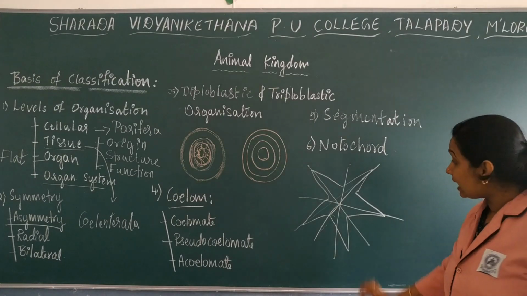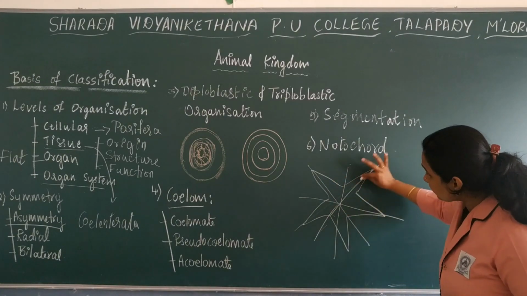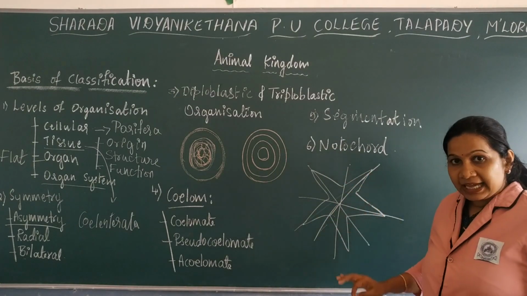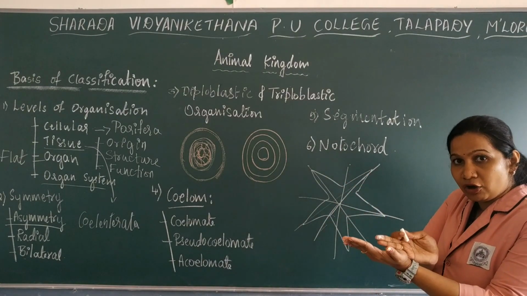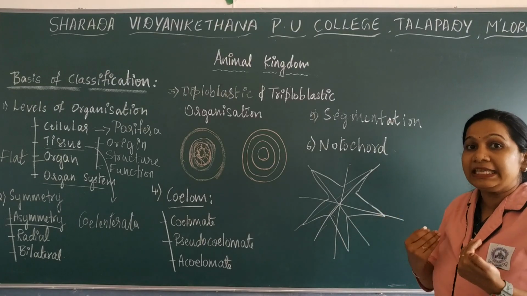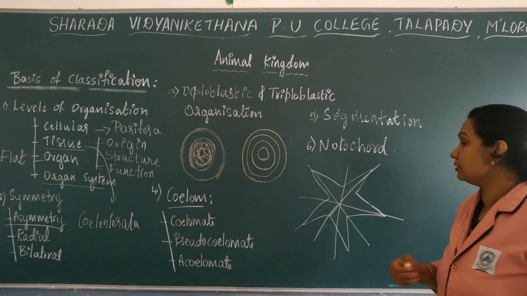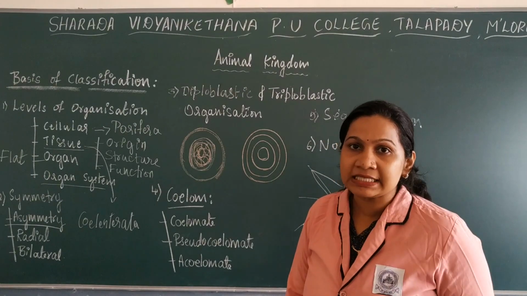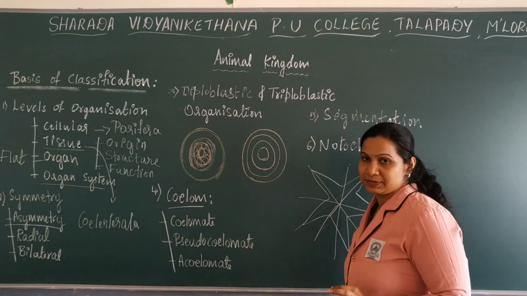The thing is that the line should pass through the central axis. At any angle we divide the organism, we get equal halves, but the line passes through the central axis, then that organism has radial symmetry.